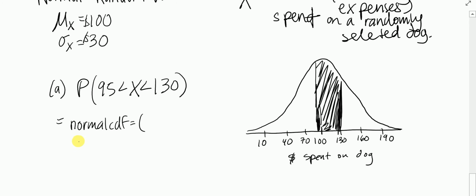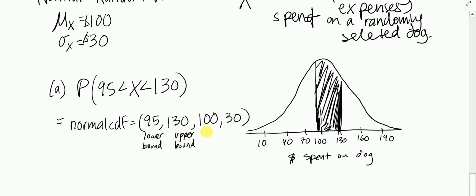If you are showing calculator work, that's fine as well, but you need to label what you are showing. So if I want the amount between 95 and 130, 95 will be my lower bound, 130 will be my upper bound, my mean is 100, and my standard deviation is 30. And remember, we need to actually label that.